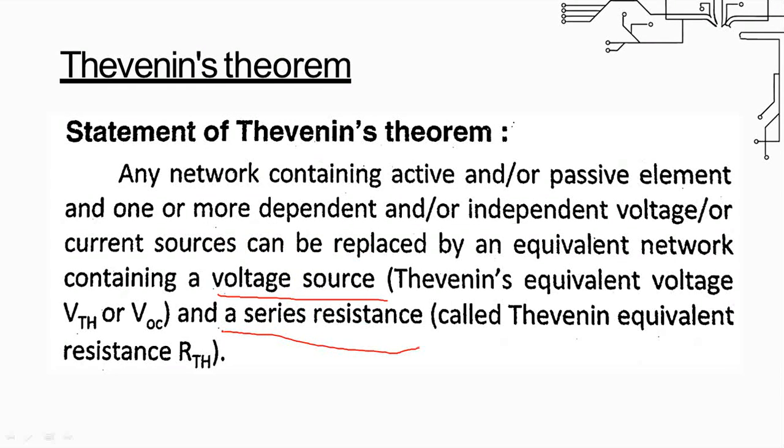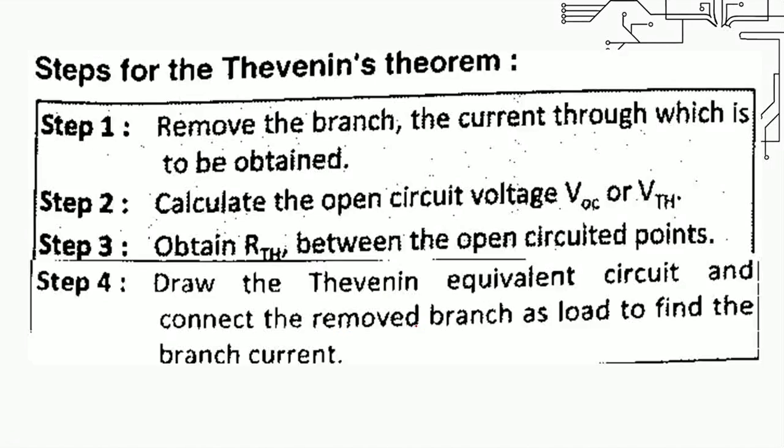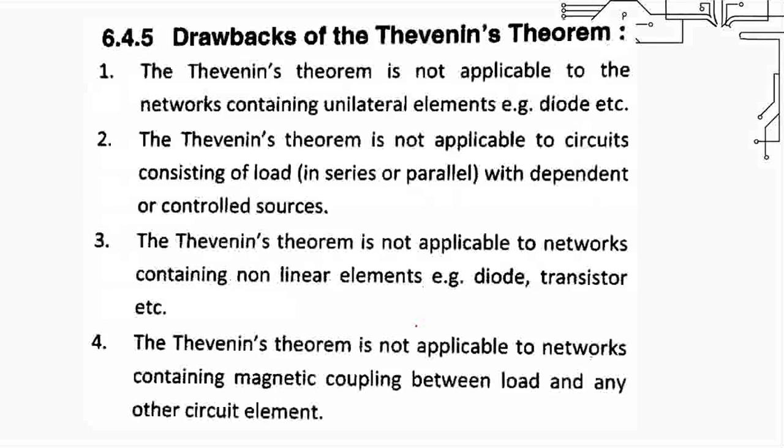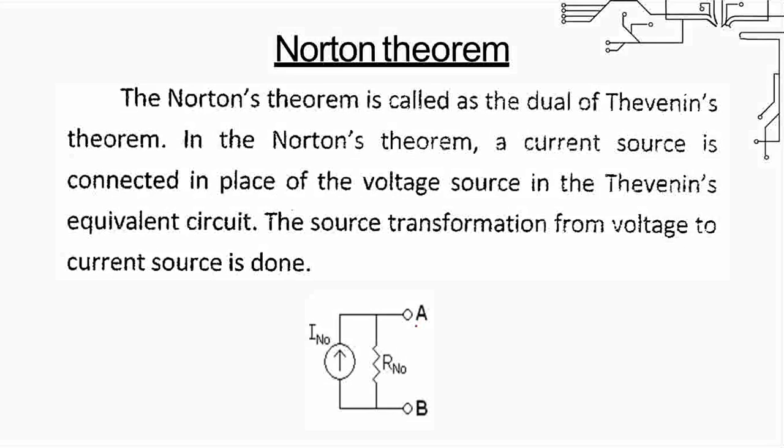This wording is most important; these two words are most important. In Thevenin's theorem there is one voltage source and a series resistance, but in Norton's theorem there is a current source and a resistance in parallel with the current source.